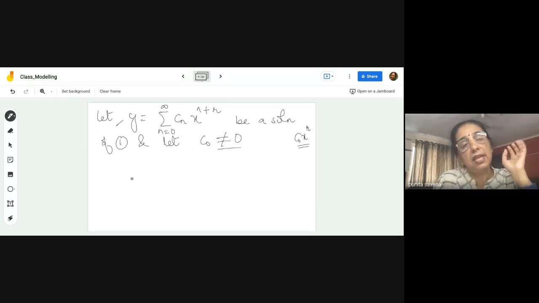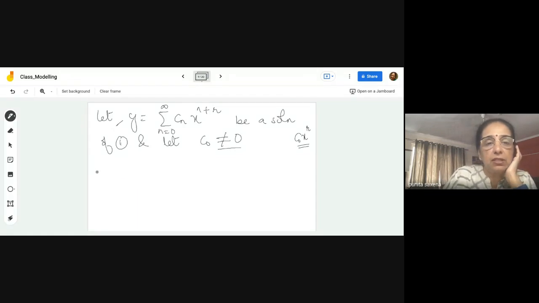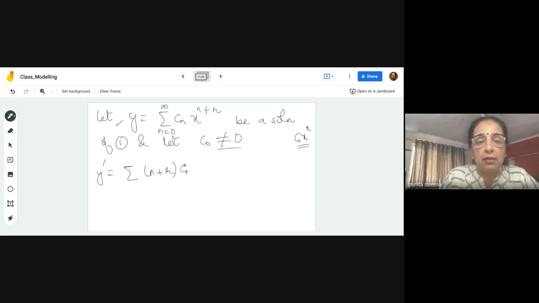Now follow the same method that you have done earlier, in the sense that find y dash, find y double dash, and then substitute in your equation. In this case, your y dash will be summation (n plus r) C_n x to the power n plus r minus 1, n varies from 0 to infinity.